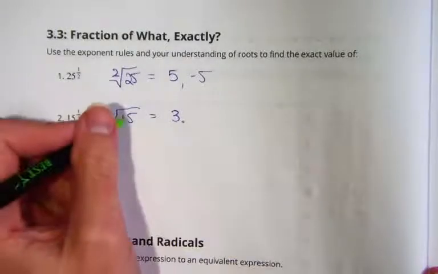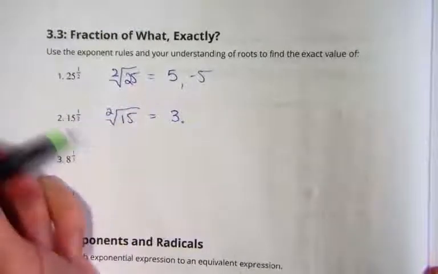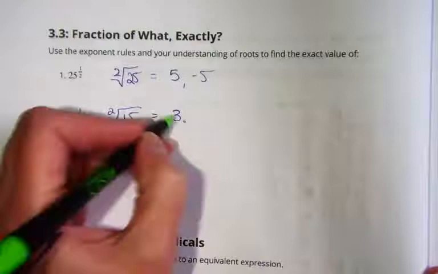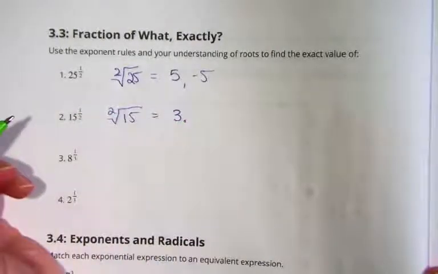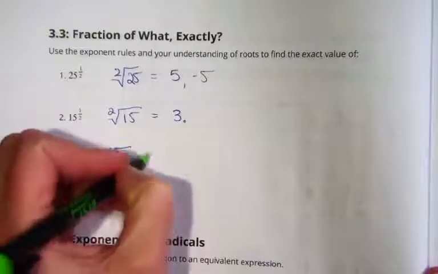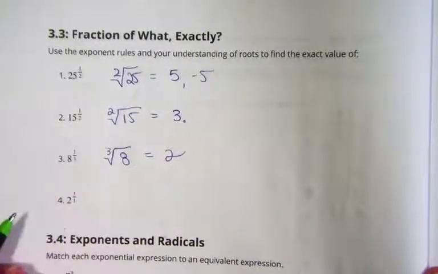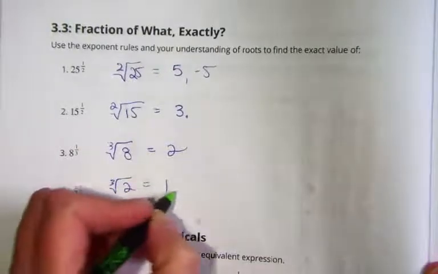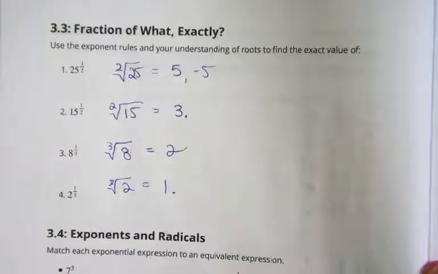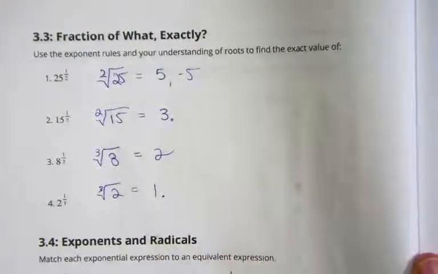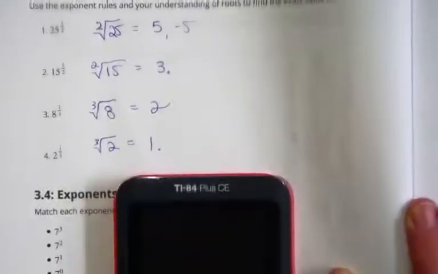Closer to 4, because 15 is closer to 16 than it is to 9, right? Third root of 8. Third root of 2 is going to be 1 point something going on there. So this is simply asking us to find some exact values. We would use our calculator to go right on out and find it.